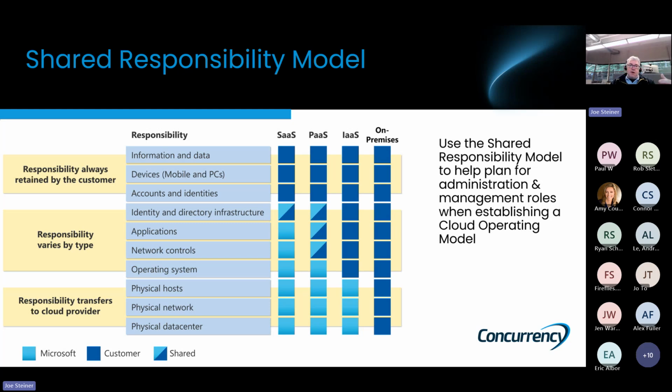There are aspects that will be run by Microsoft which wouldn't be the case if it's infrastructure as a service. It's important for the cloud operating model because, okay, what are we going to be asking people to do and to manage, and how much are we putting on their plate?